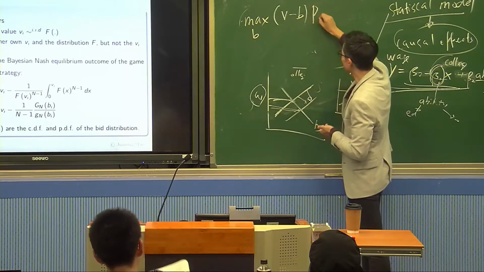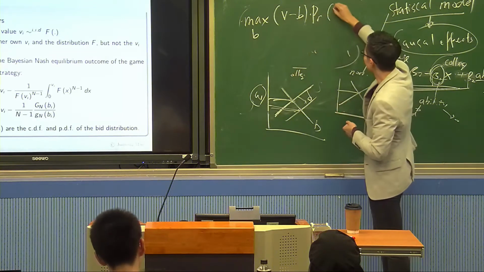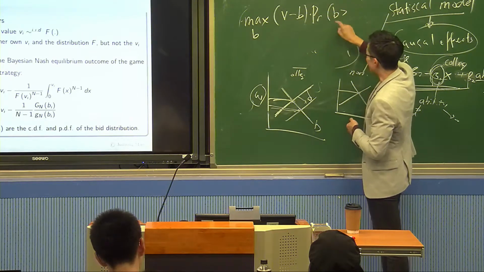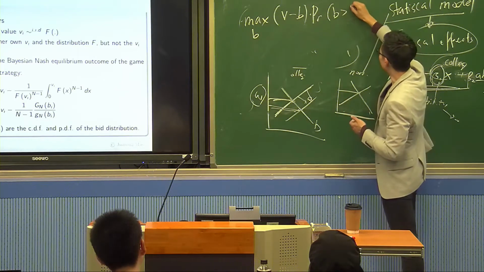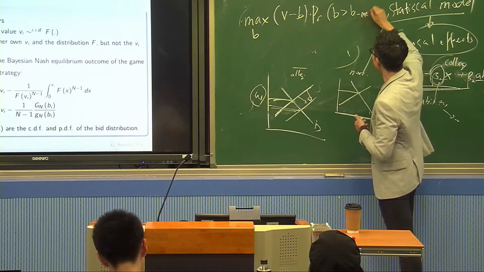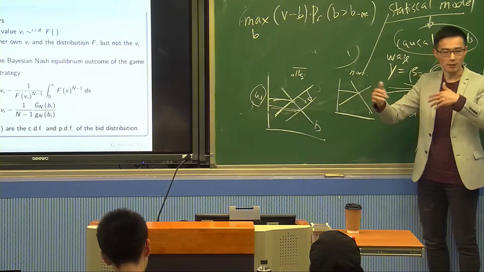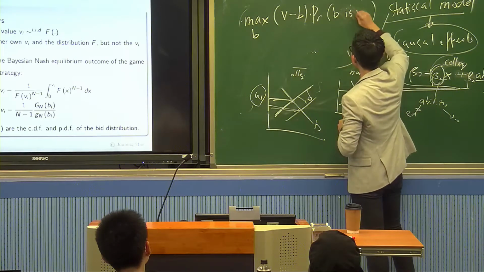So it's multiplied by the probability that I actually win the auction, which is the probability that my bid B is larger than all the other bids, B minus i. Let me just say my bid is the maximum.